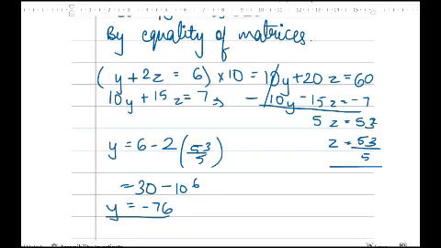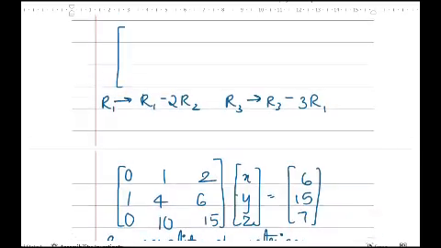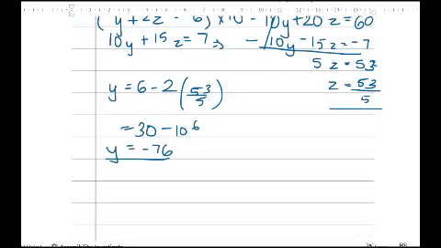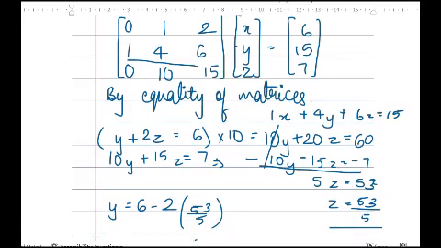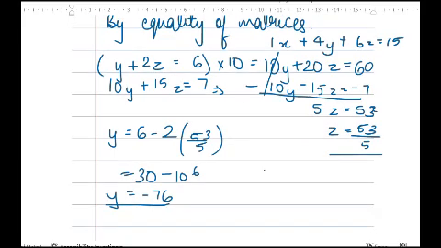And for the value of x, if you remember, you still have an equation over here, right? Yeah, this equation. So what does it say? It says 1x plus 4y plus 6z is equal to 15. So let us put in the values.